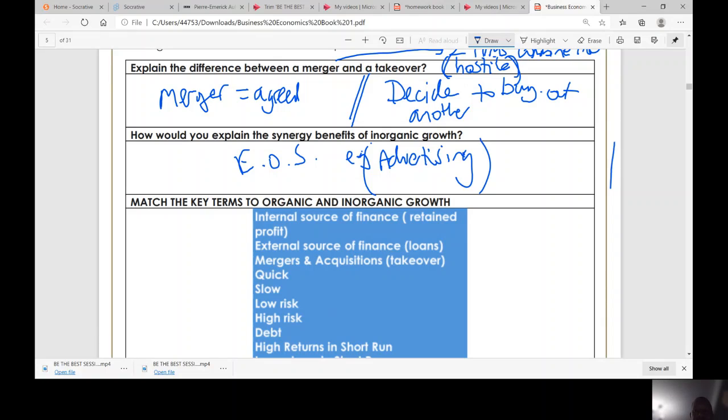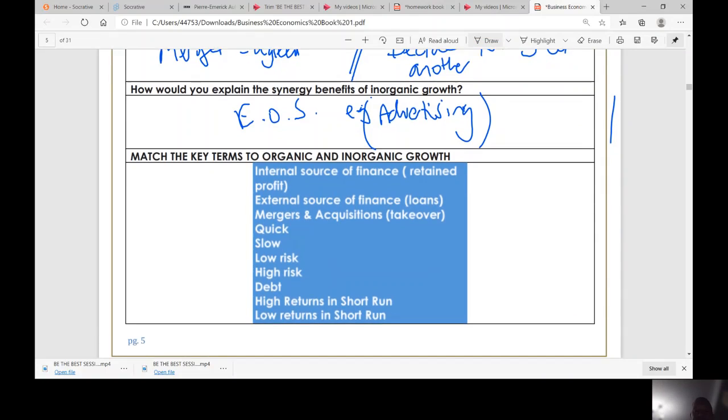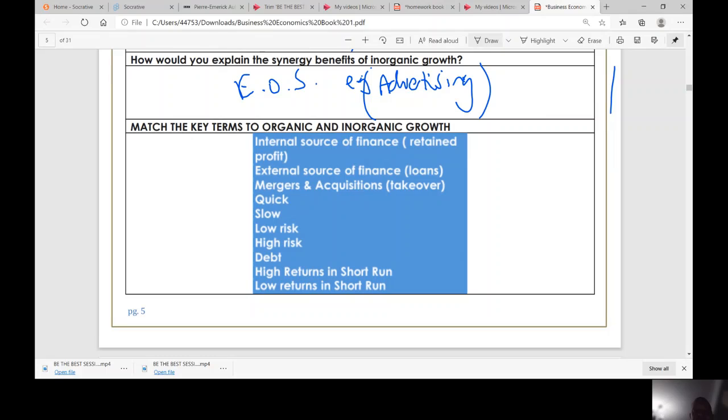In terms of matching these to organic and inorganic, sorry, organic uses retained profits, so an O next to that one. External sources of finance is inorganic, so going to the bank or selling more shares.